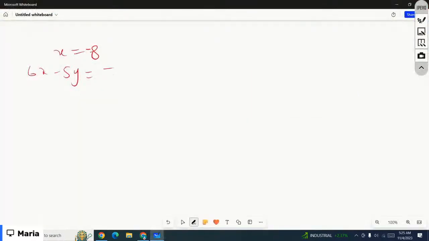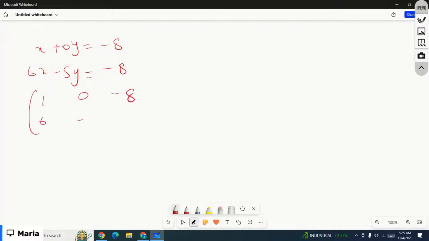Here you're not given y. That means y is 0, right? Just rewrite this equation. Okay, x plus 0y equals negative 8, right? So just write the equation: 1, 0, negative 8, 6, negative 5, negative 8, right?